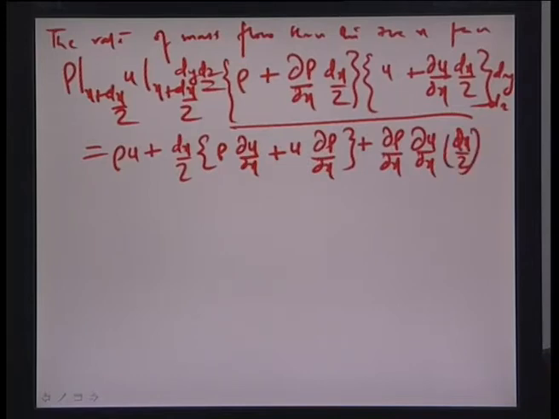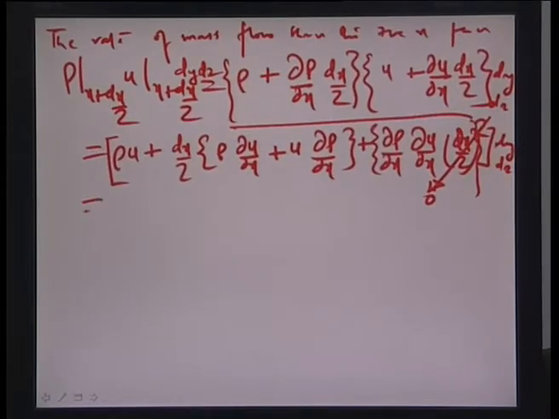Now, we assume that the component dx by 2 is very small, multiplied by dy dz, the area. The component dx by 2 being very small, this can actually be approximated as 0, which eliminates this particular term altogether. Okay.